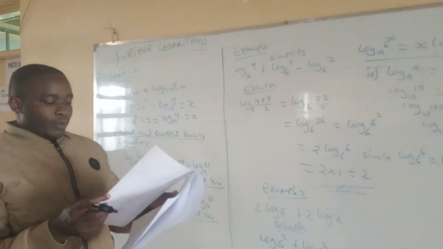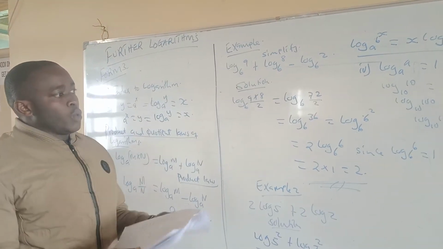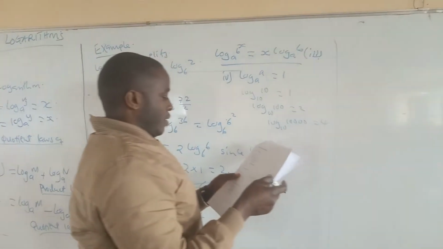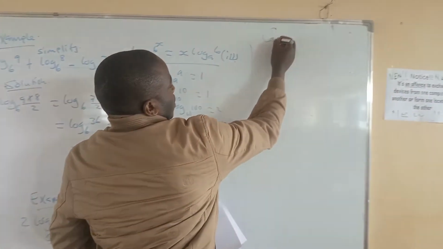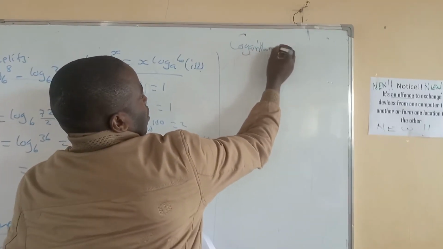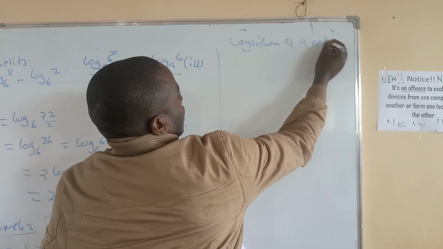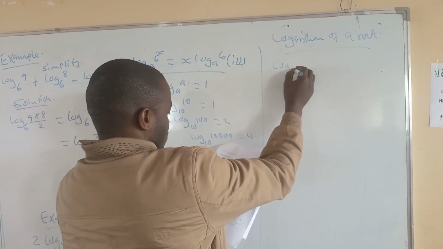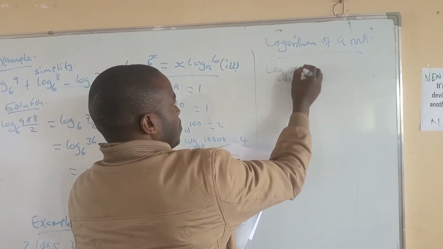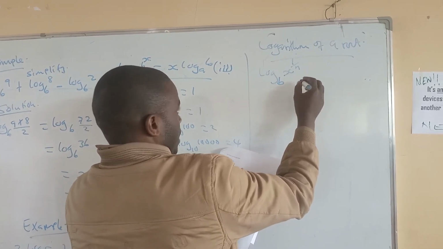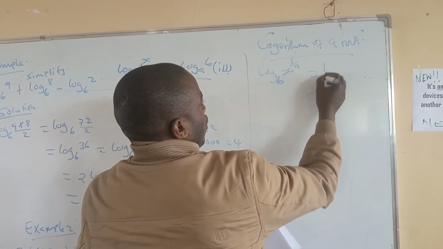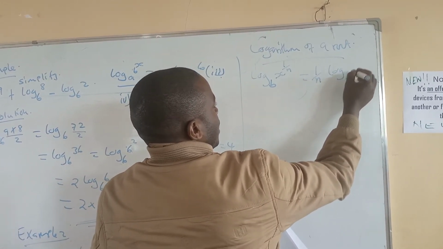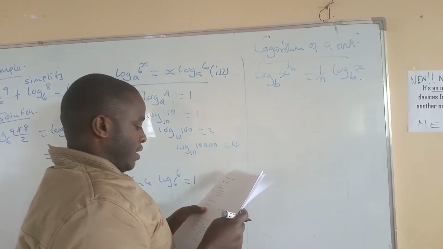So when it is involving roots, I want to give you a law that is the logarithm of a root. If you are dealing with the logarithm of a root, if you have log base b of x power 1 over n, this is the same as 1 over n log base b of x.